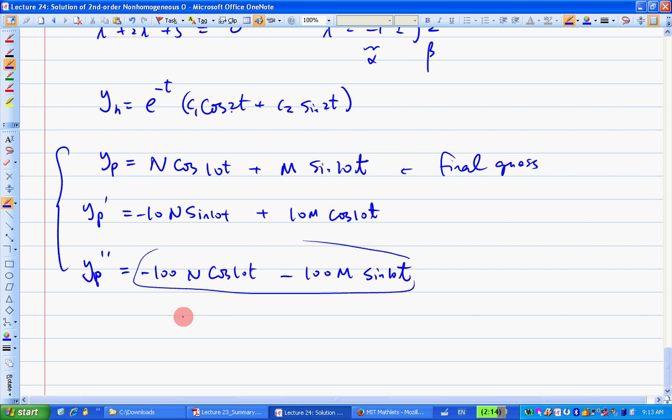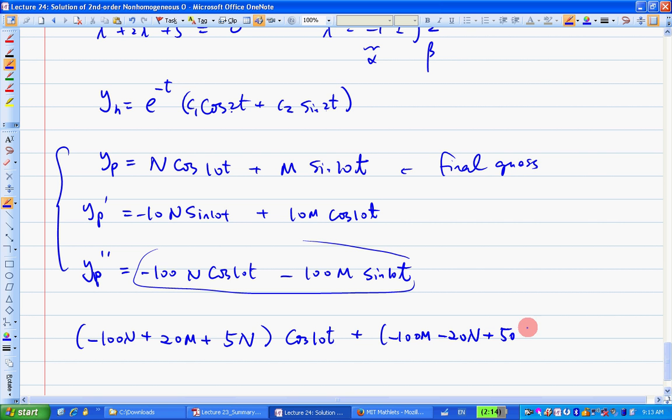So if I do that, what I'm going to get is negative 100n plus 20m plus 5n, okay, cosine 10t, and plus negative 100m minus 20n plus 5m, sine 10t.